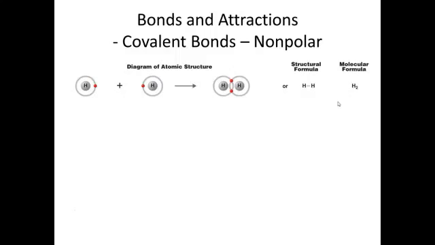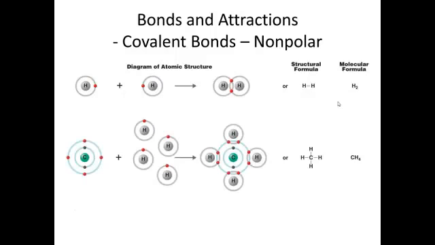Let's look at what happens when we combine atoms that are different. For example, carbon has an atomic number of 6. So we have a full electron orbital on the inside, and we've got 4 on the outside. Now, carbon would like to have 4 more. It's big enough that it's not going to give up those 4 electrons, but it really can't take 4 electrons from another atom.